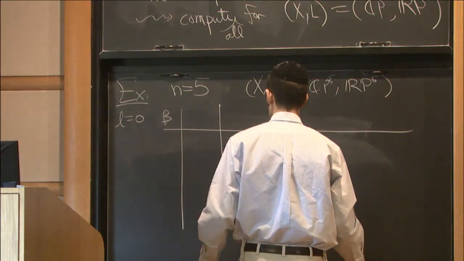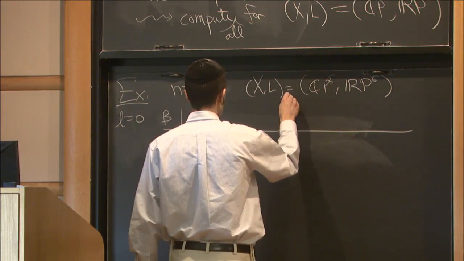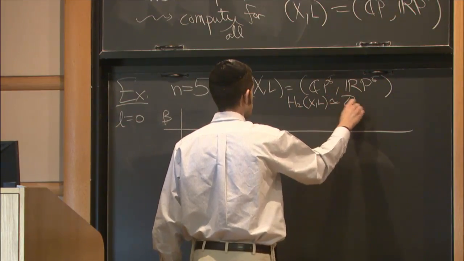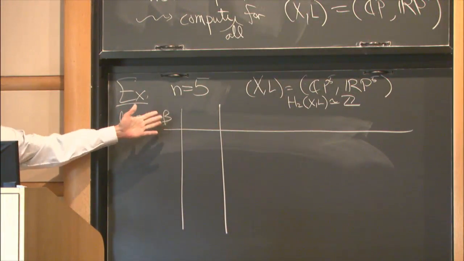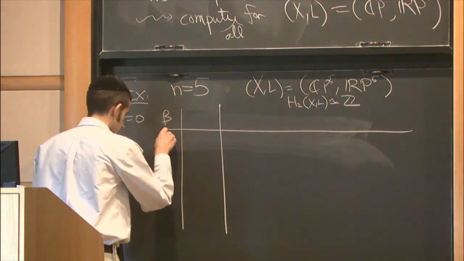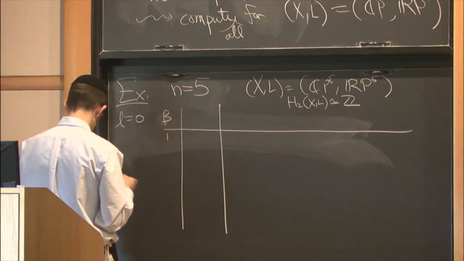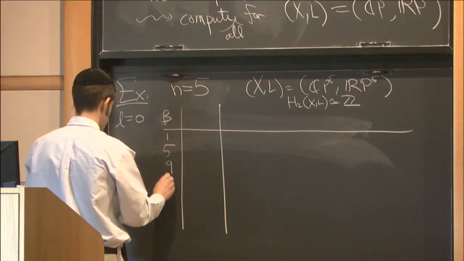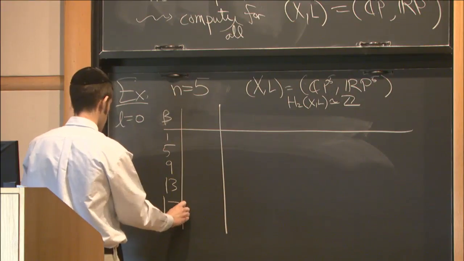Right. So in this case, the second homology is equal to the integers. And so our degree is just a number, and we look at various degrees: 1, 5, 9, 13, 17.